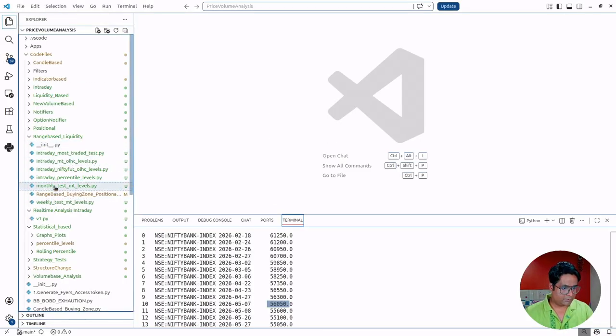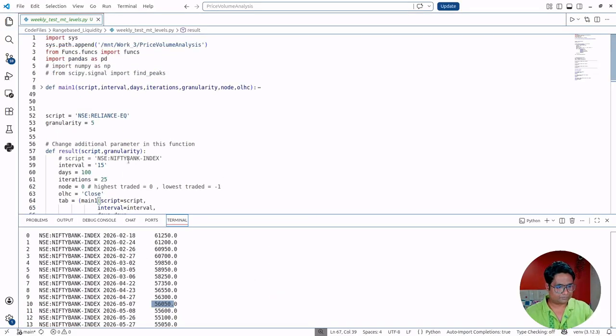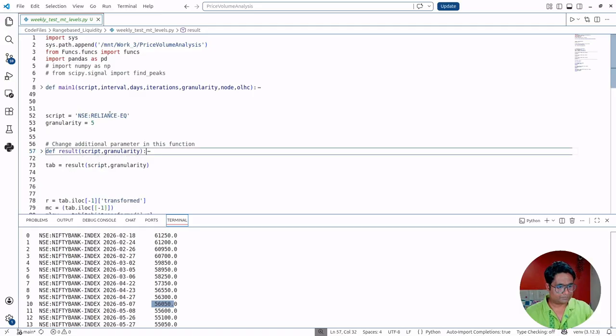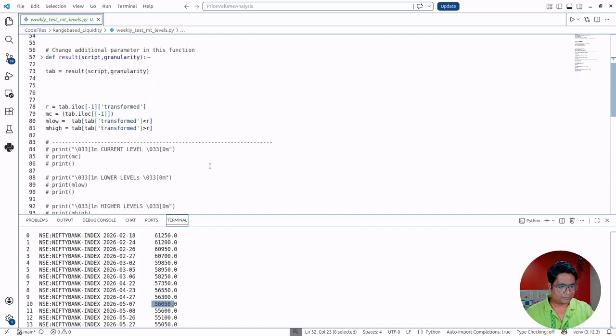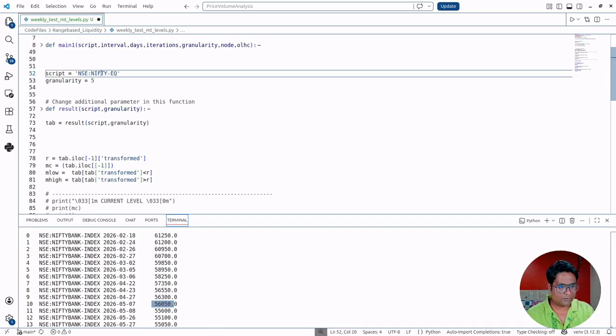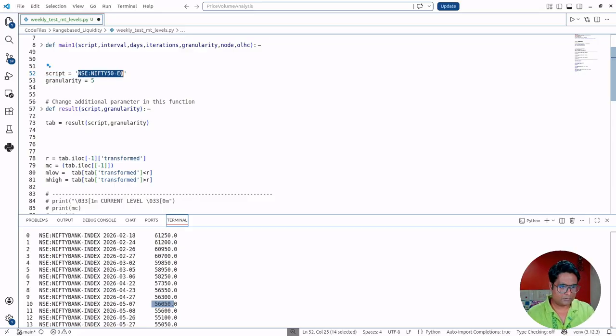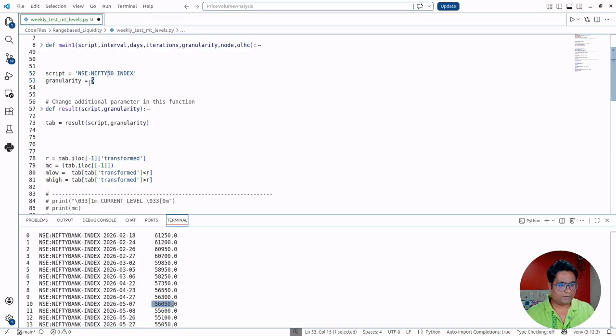Weekly levels, intraday weekly levels. First we'll get the levels for the Nifty 50 index, with granularity 10.